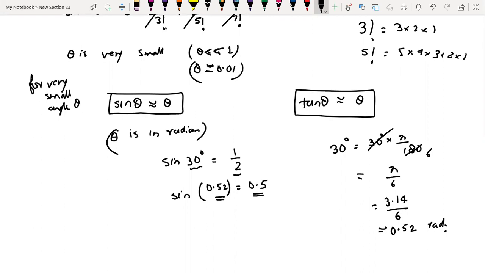One is by the approximation term, another is by expansion.